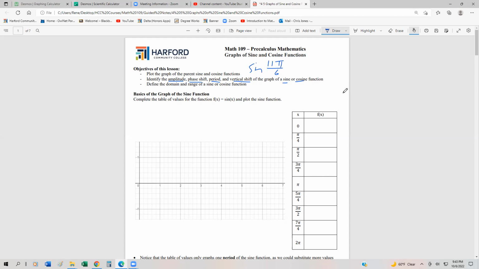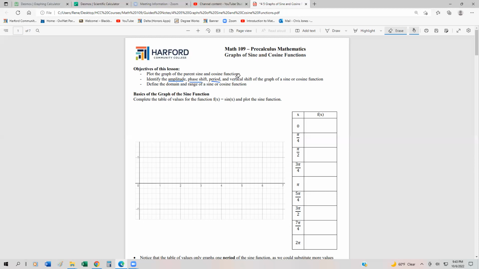If you can't figure this out yet, I would urge you to go back to section 4.2 with the unit circle, and be able to use the unit circle to evaluate those basic sorts of trigonometric functions. Then come back to this. Now, if you feel good about being able to do that, then we can press on.